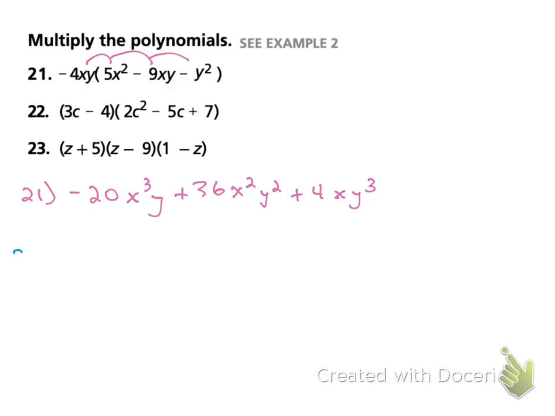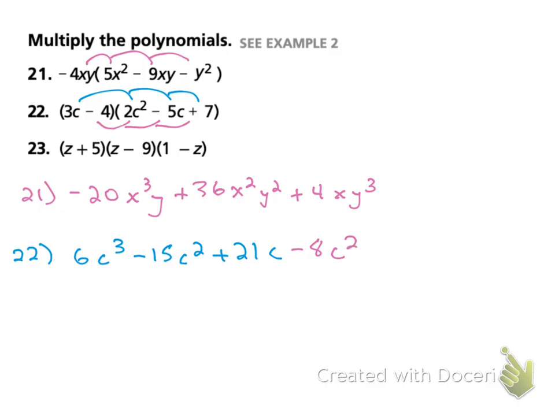22. I'm going to distribute the 3c to all three terms. So that'll give me 6c cubed minus 15c squared plus 21c. And I'm going to distribute the negative 4 to all three terms.